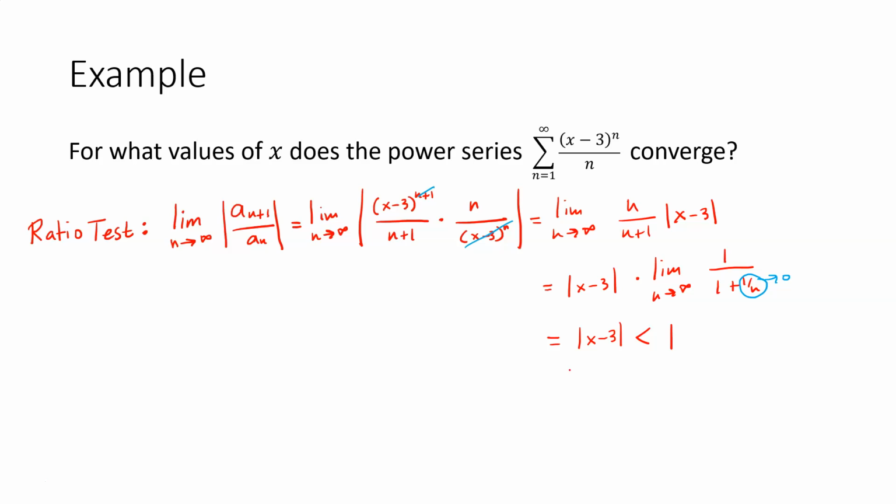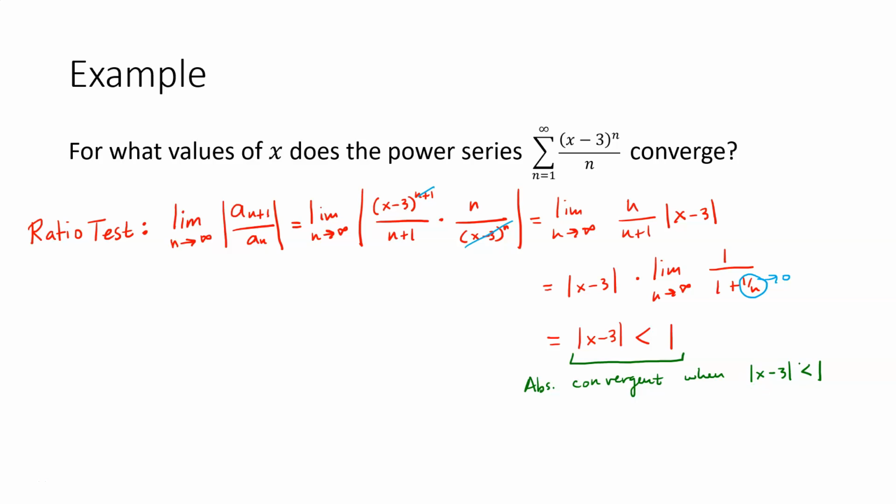So remember that this result here is guaranteeing that the series will be convergent. Right? And actually in this case it'll be absolutely convergent for the values of x that satisfy this inequality.